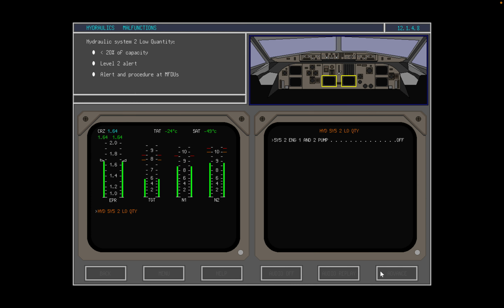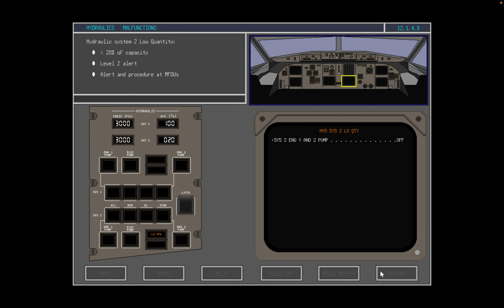The left MFDU displays the alert Hydraulic System 2 low quantity, and the associated procedure appears on the right MFDU. Now follow the procedure to shut down Hydraulic System 2. Hydraulic System 2 is now inoperative.